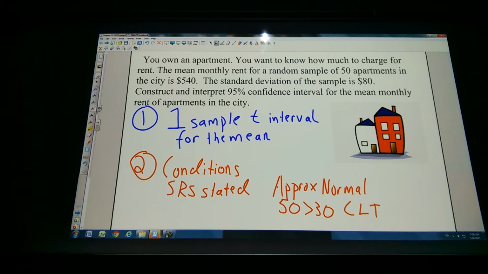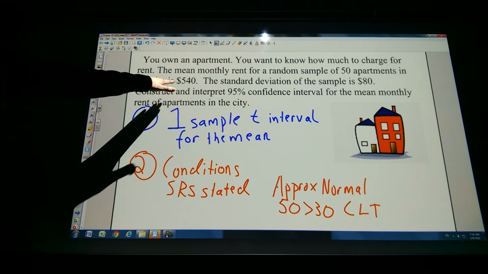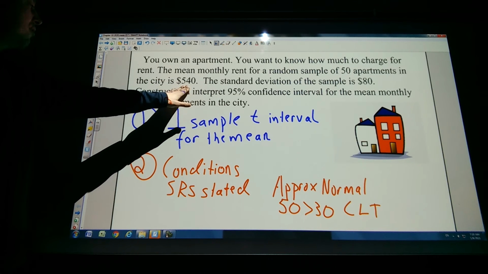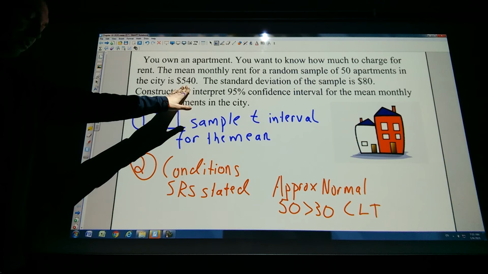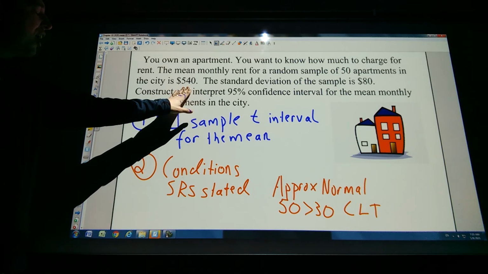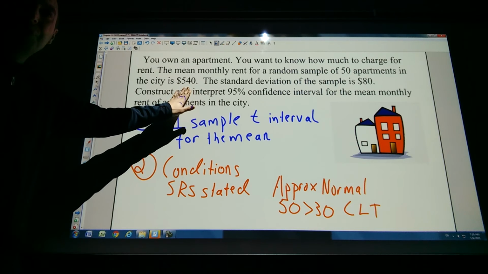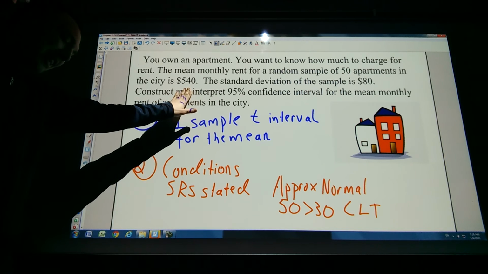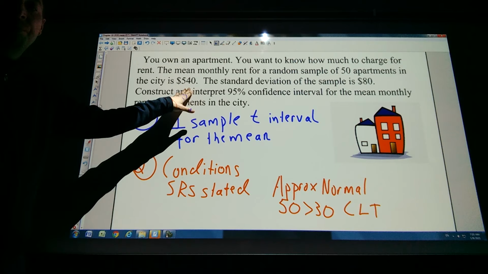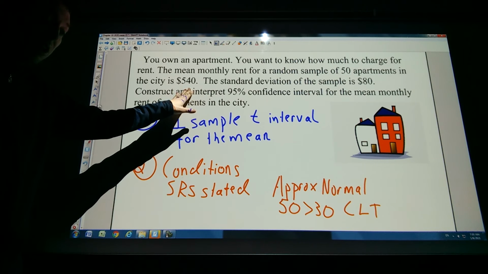So I take a sample, okay? And I take a random one, which is good. And I figure out, hey, the sample average is 540. Do you think that the entire city's average is $540? Probably not. It's not probably exactly 540, but it's probably pretty close.